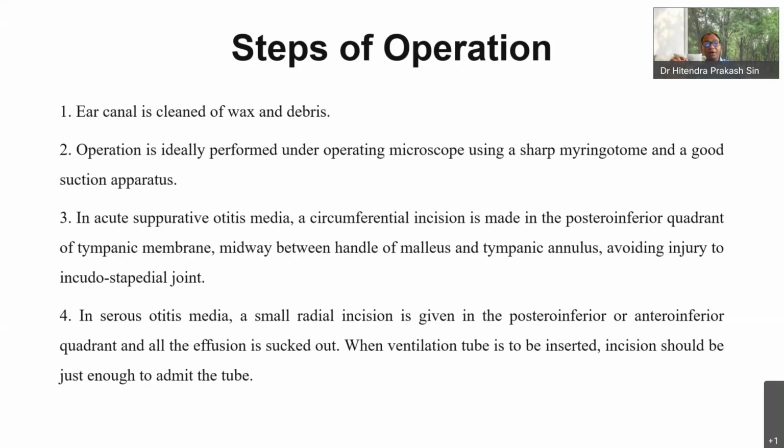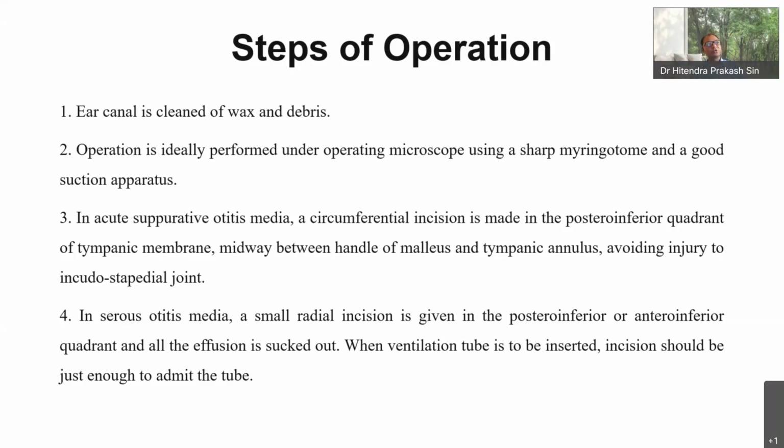We use a sharp myringotomy knife. It is a sharp knife-like instrument, and a good suction apparatus is very much required. In acute suppurative otitis media, we make a circumferential incision in the posterior inferior quadrant of the tympanic membrane, midway between the handle of malleus and tympanic annulus, thereby avoiding injury to the incudostapedial joint.